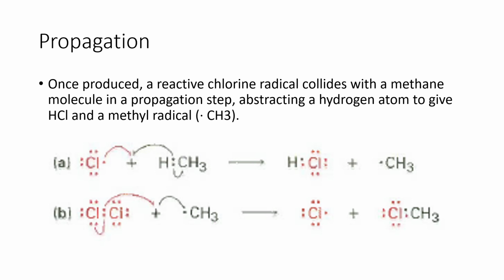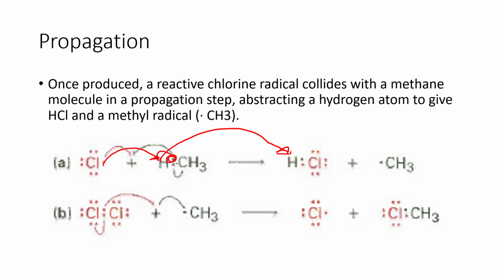Next is the propagation step. Once produced, a reactive chlorine radical collides with a methane molecule in a propagation step, abstracting hydrogen from the atom to give hydrochloric acid and a methyl radical. So this chlorine radical will grab hydrogen together with its electron to form hydrochloric acid.